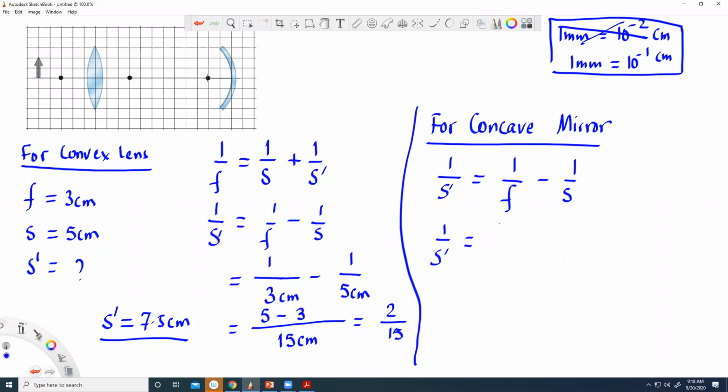So this dot is 2 centimeters from the center of the mirror. 1 over 2 centimeters minus, now this would be the object distance again, 7.5. Okay.